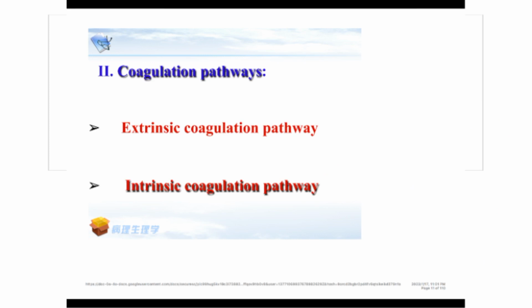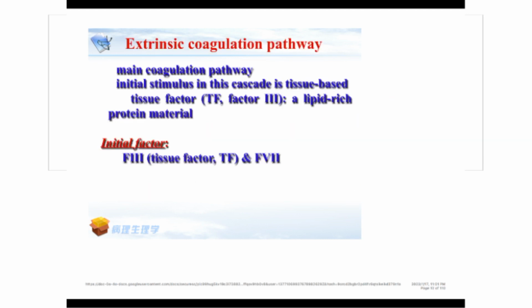So for the coagulation pathways, we have the extrinsic pathway and the intrinsic pathway. The extrinsic pathway needs factor 3, which is the tissue factor. The tissue factor will activate factor 7, and factor 7 will activate factor 10. Factor 10 is the one that will activate prothrombin, which is factor 2, into thrombin.